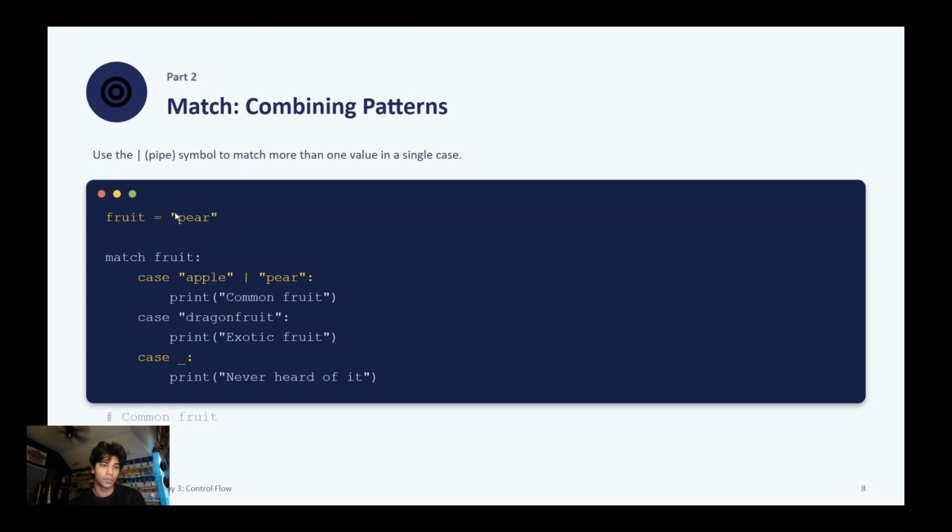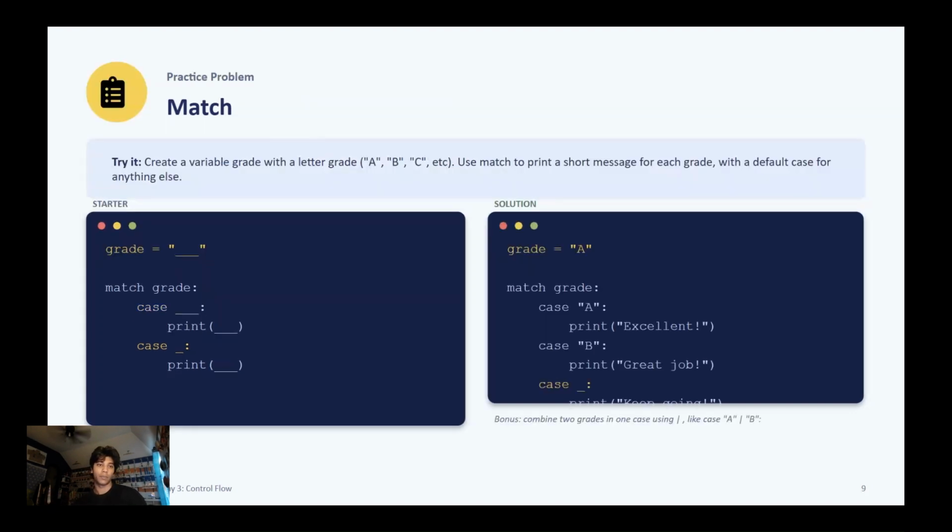If it's this fruit, then it's going to print out common fruit, and it uses this symbol here, basically like an or symbol. Honestly, it's kind of like an if then else statement, but you're directly checking inside of a variable or something like that. So let's do an example, right?